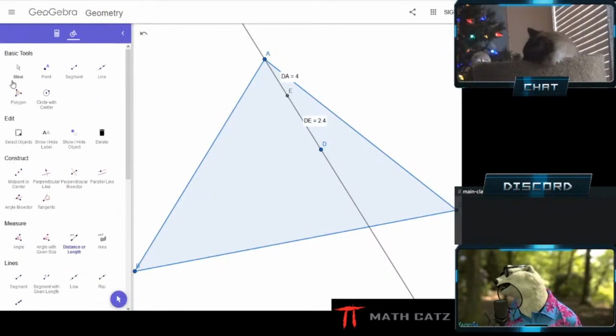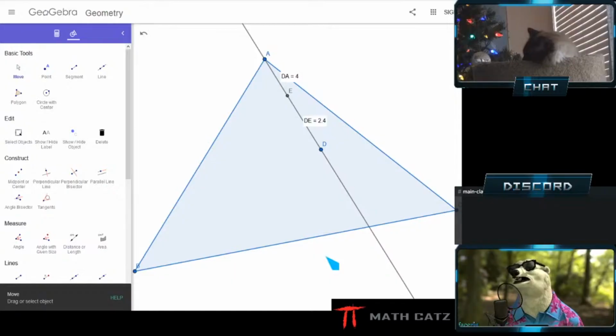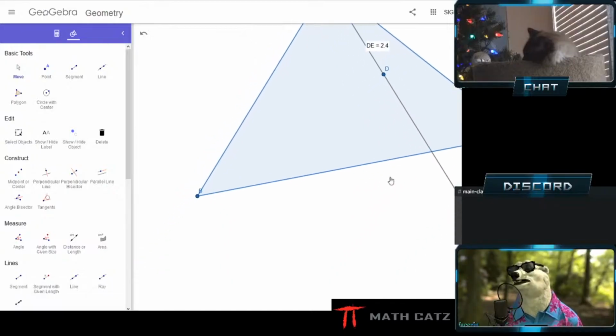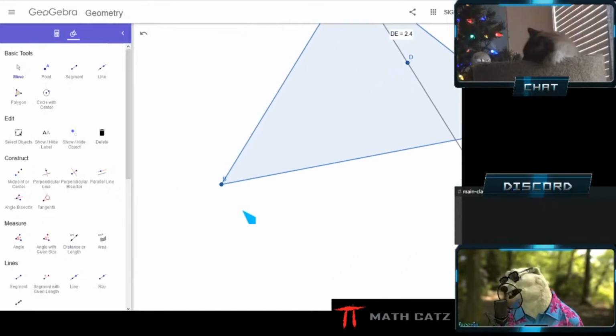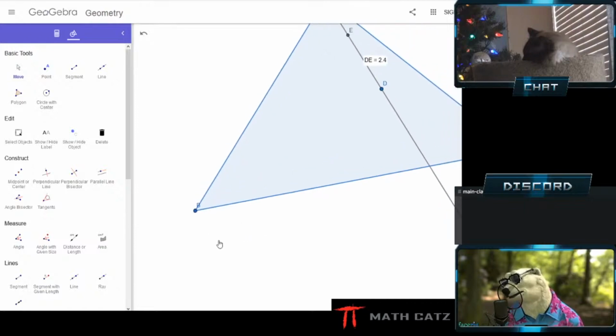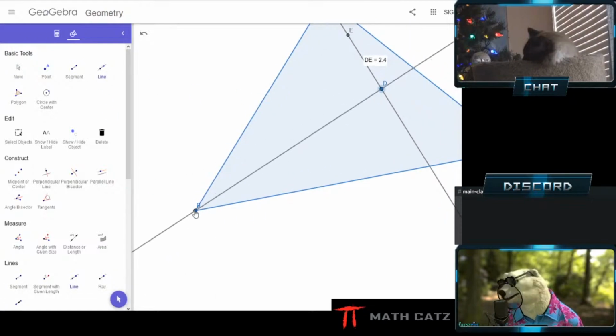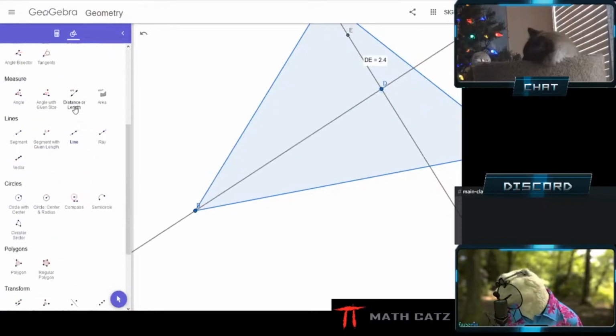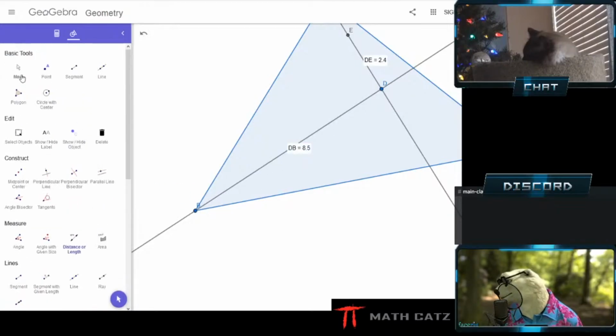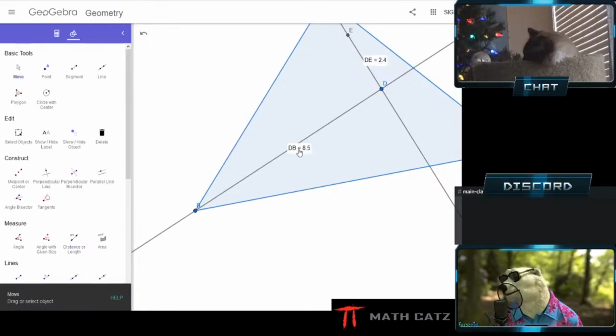Now I'm going to do the exact same thing for point B, which could be next. Which means I'm making a line from D through to B, and then I need to measure it. Distance or length is what I'm measuring, D to B. It is 8.5. You might want to reposition these. Maybe, maybe not. I don't know.